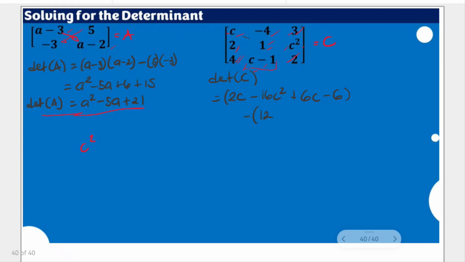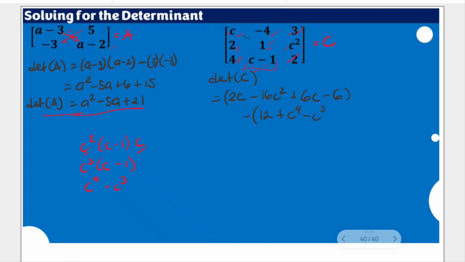So you have C squared times C minus 1 times C. So multiplying this first, you have C cubed times C minus 1. So you have C to the power of 4 minus C cubed. Let me check again. C squared times C is C cubed times this binomial. So you have C to the power of 4 minus C cubed. So that's what we're going to add here: plus C to the power of 4 minus C cubed.